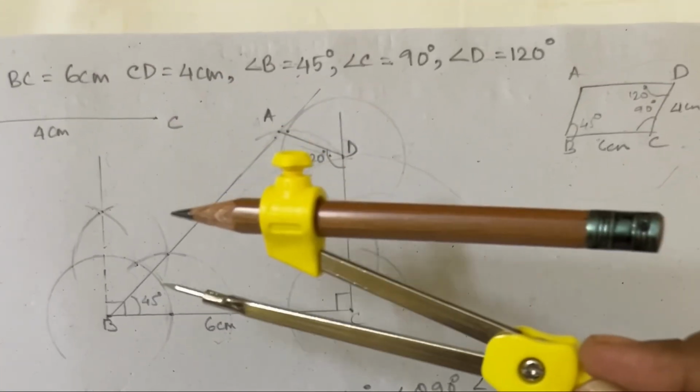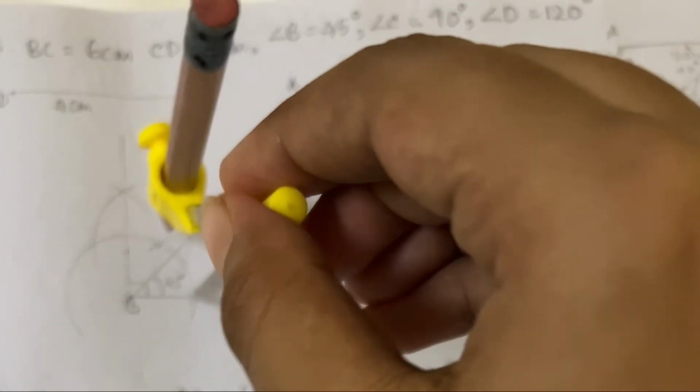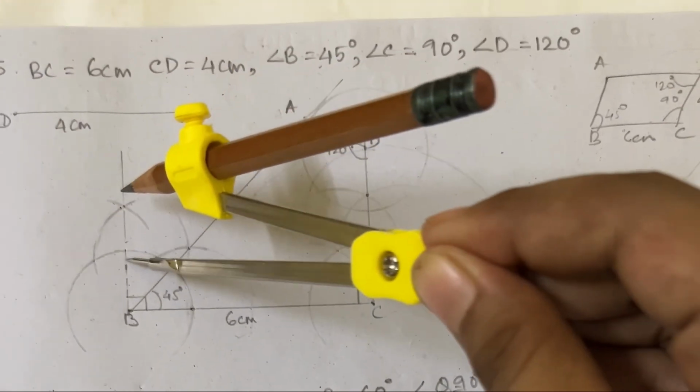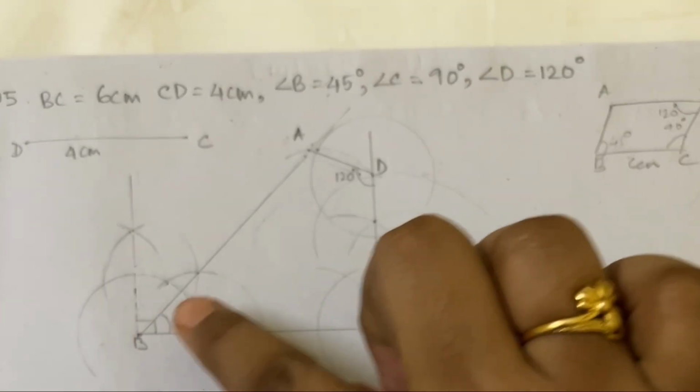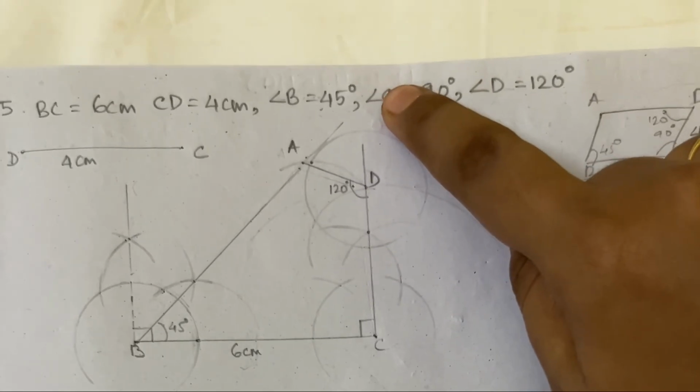Now to draw 45 degree, first we put the needle here and draw an arc. Then again putting the needle at 90 degree, we draw an arc here and we get a 45 degree angle line, and we extend it.